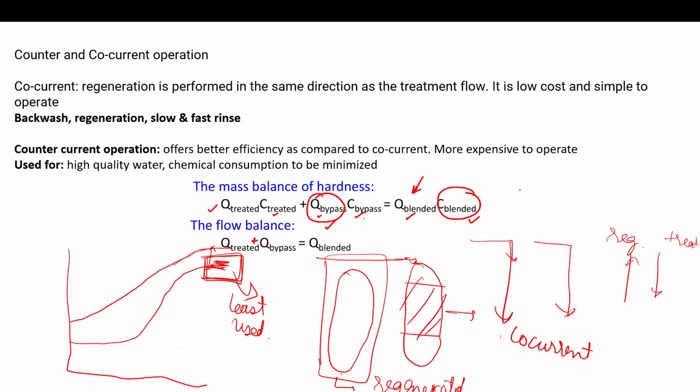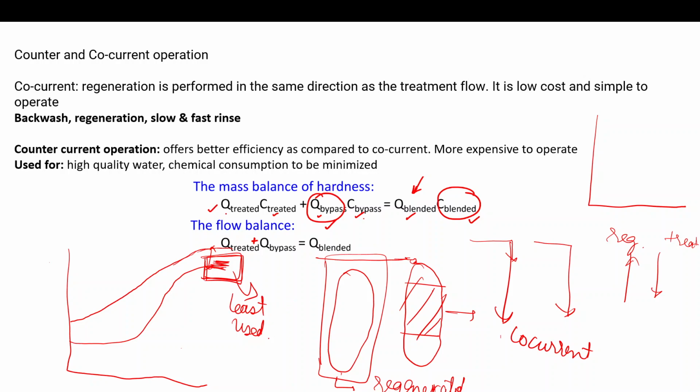So that is why you can say the efficiency is maintained throughout the column, which is not the case in co-current. In co-current, the fresh regenerating solution goes inside the column where the bed is maximum saturated, right? So the bed is most utilized, and at that point you will have the highest mass transfer gradient, and that gradient reduces when it comes to the end of column, because there not only the regenerating solution is used, but the bed is also less saturated, right?